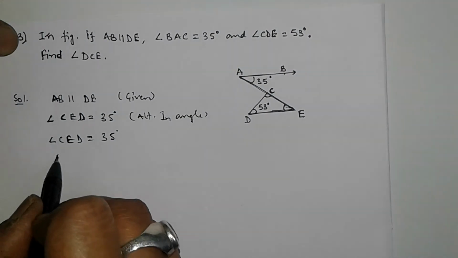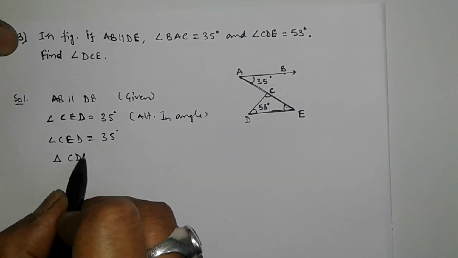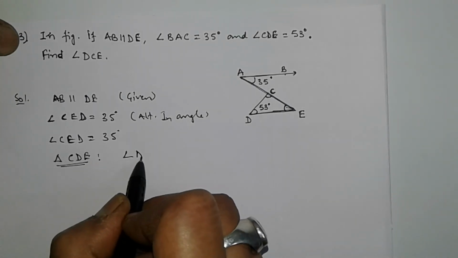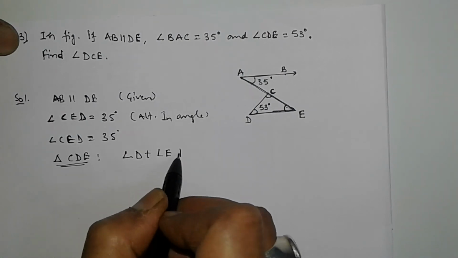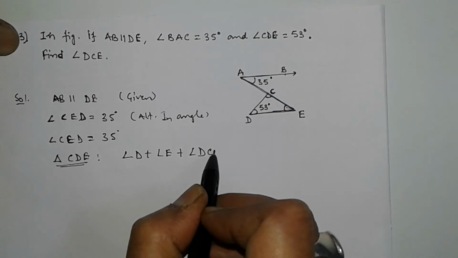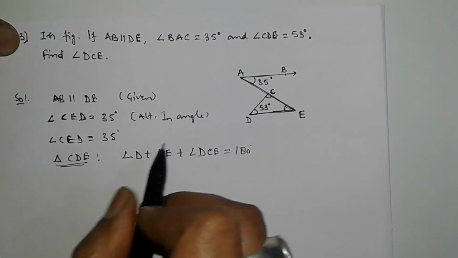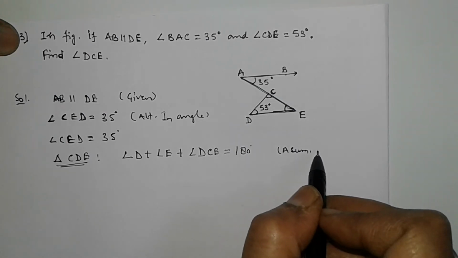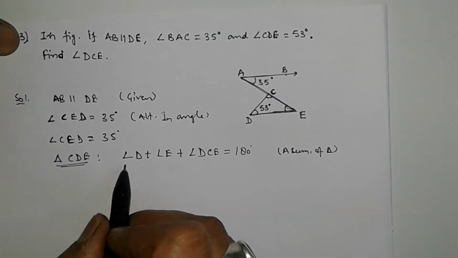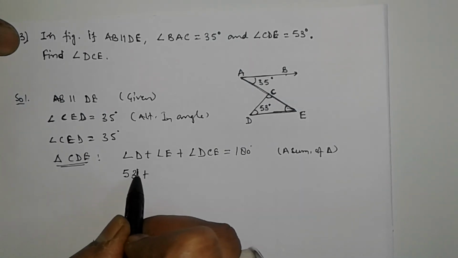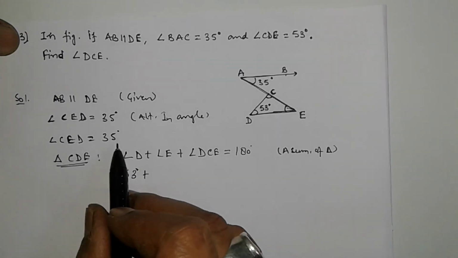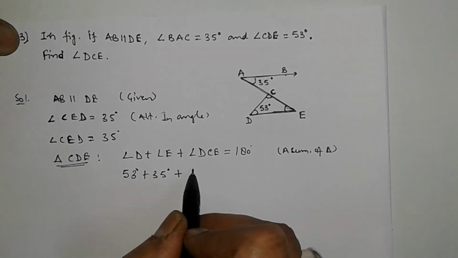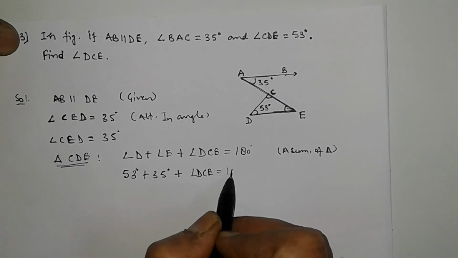Now see, in triangle CDE, angle D plus angle E plus angle DCE is equal to 180 degrees, angle sum property of triangle. So angle D is 53 degrees, angle E we have already got, that is 35 degrees, plus angle DCE is 180 degrees.